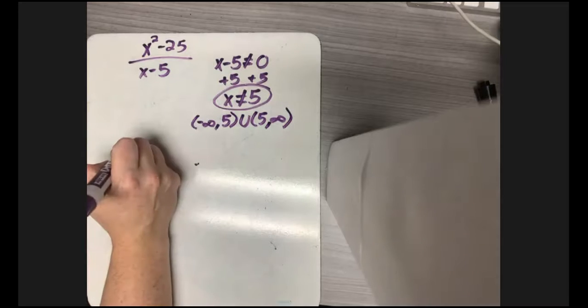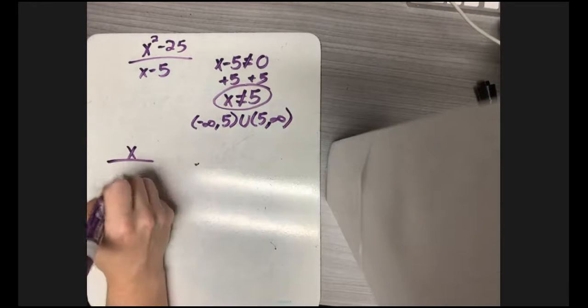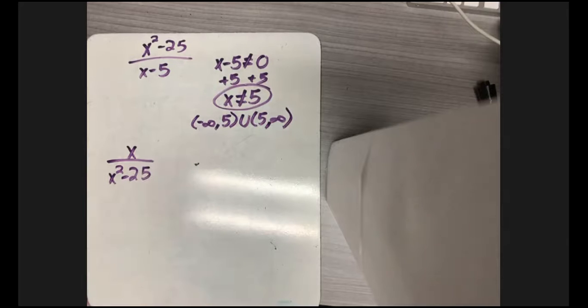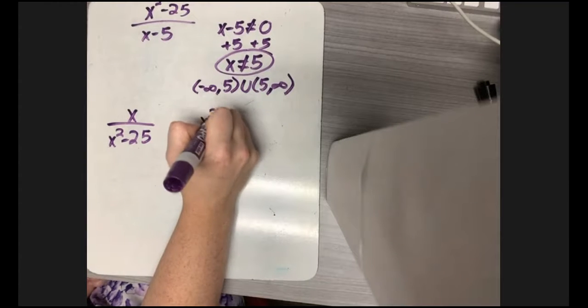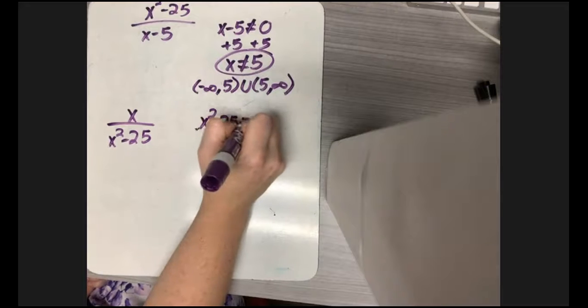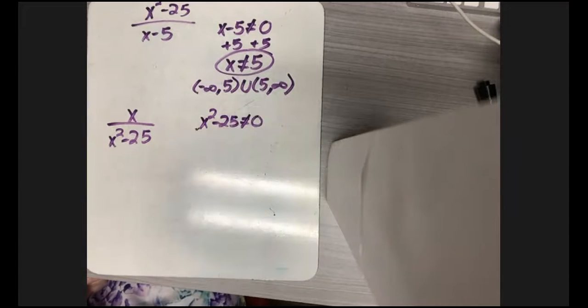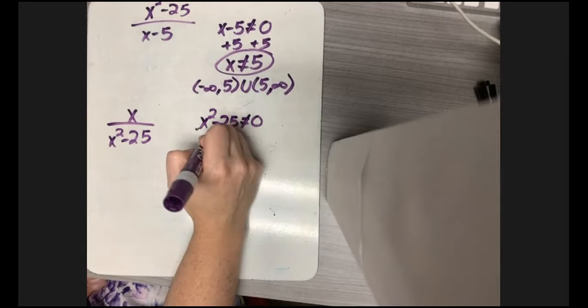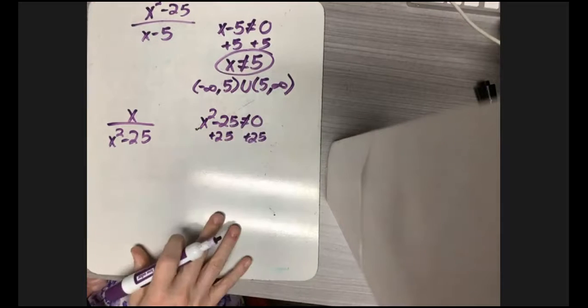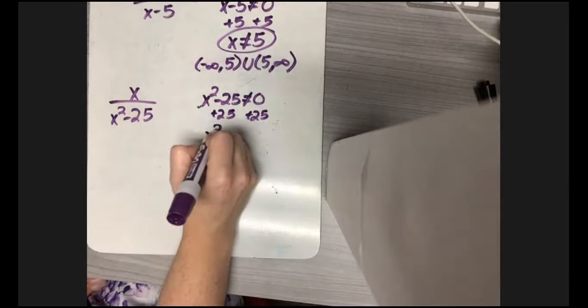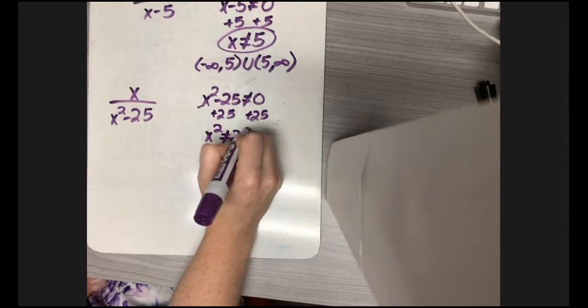Now, next example. Following our same logic, x squared minus 25 can't be 0. I'm going to add 25, so x squared can't be 25.